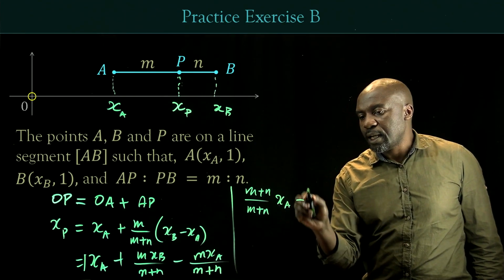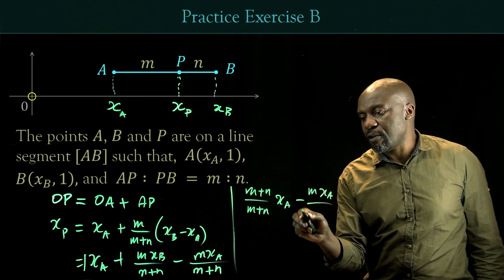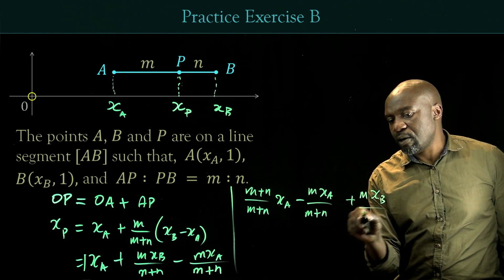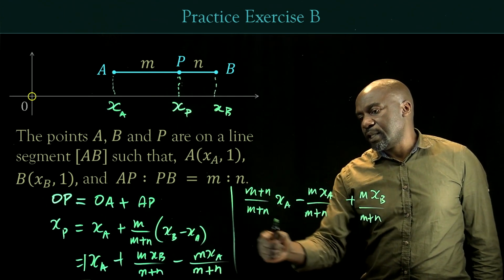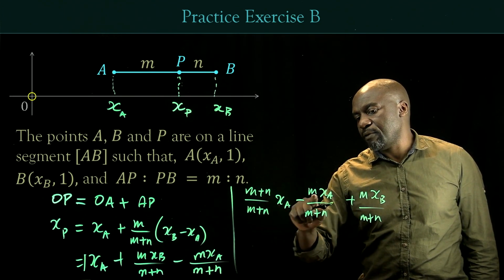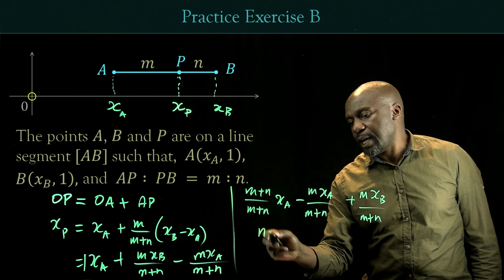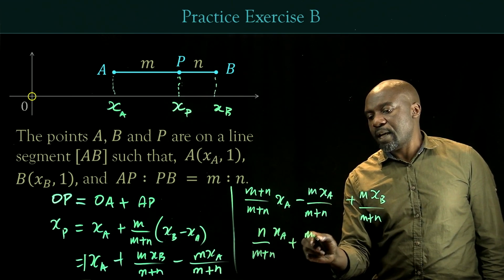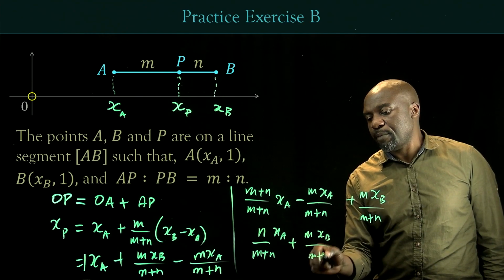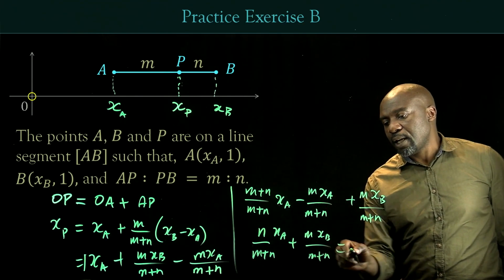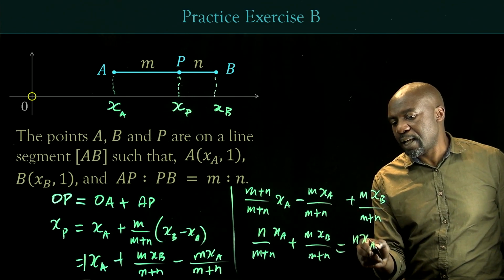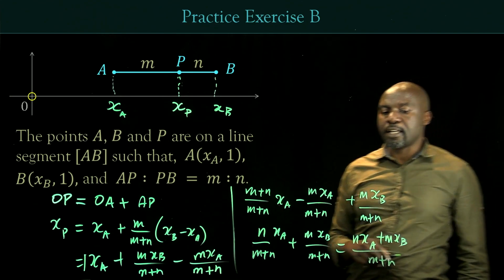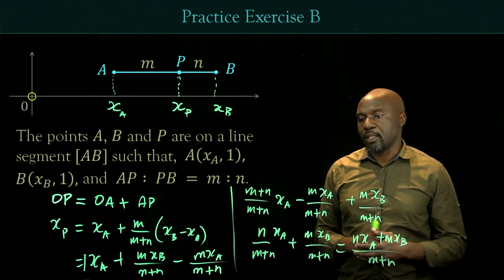We are subtracting m xA over m plus n, and then we will add m xB over m plus n, and you can see that this is in fact m plus n. If we subtract m, we are left with n. So this is n xA over m plus n, plus m xB over m plus n, like that. We can put this together and it becomes n xA plus m xB, everything divided by m plus n, and we have shown that the statement is true.